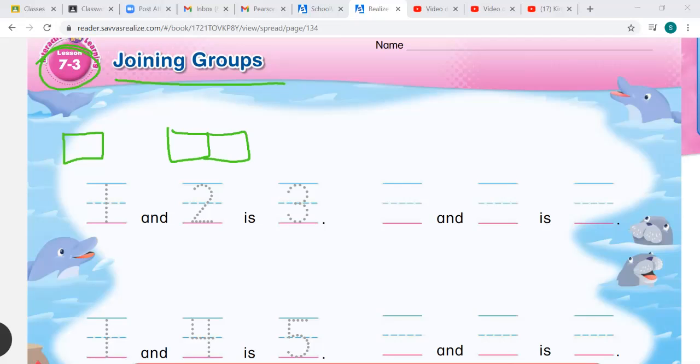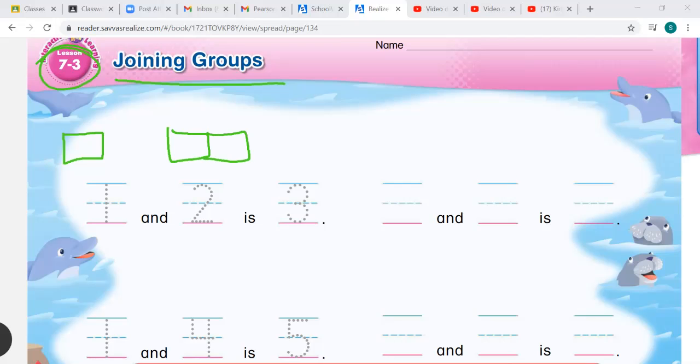So what can we find out if we join the two groups of cubes? We can find out how many boats there are all together. So we are going to connect the cubes and see how many there are all together.